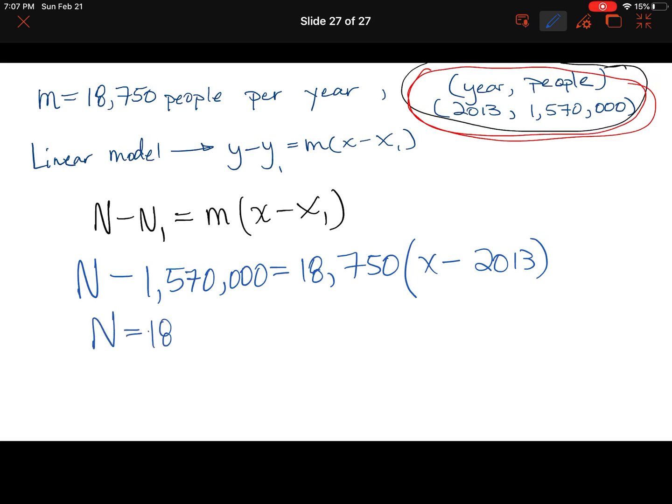N equals 18,750 x minus, oh, your boy brain ain't doing that.